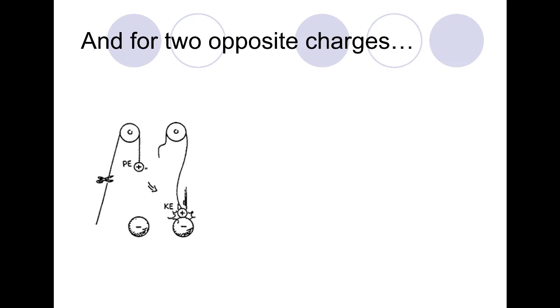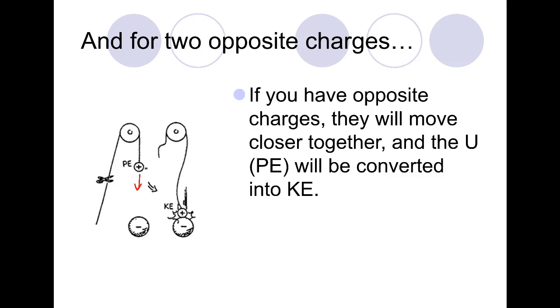Here's another way to think about this. What if we have two opposite charges? Let's say I have a positive charge and I tie it so it's a certain distance away from a negative charge. It's going to be attracted. Positives and negatives attract. So if I cut this string, it's going to rush downwards, and the potential energy that it had will be converted into kinetic energy.